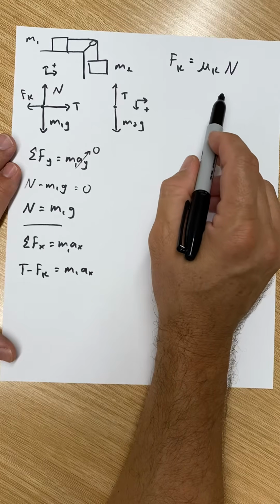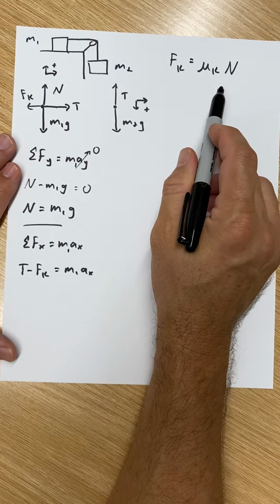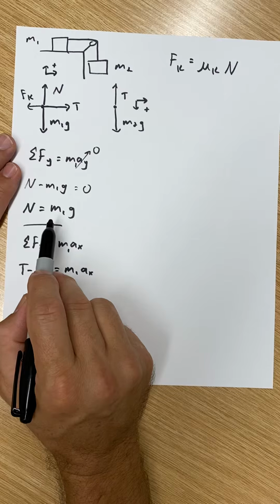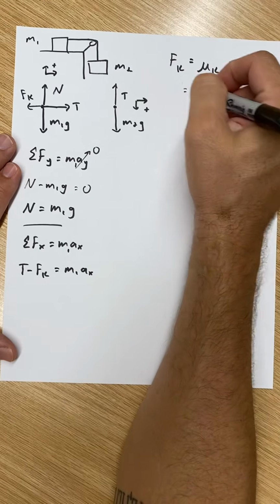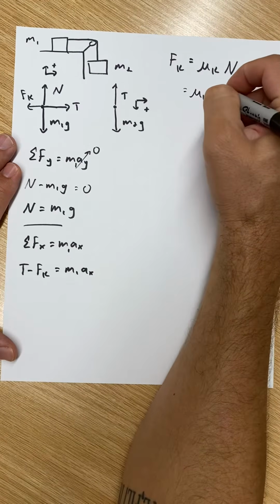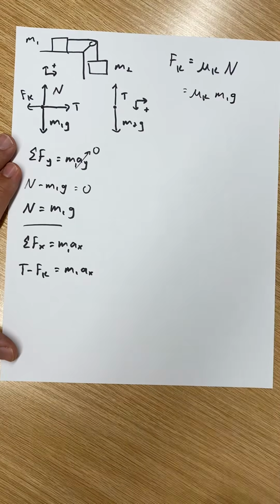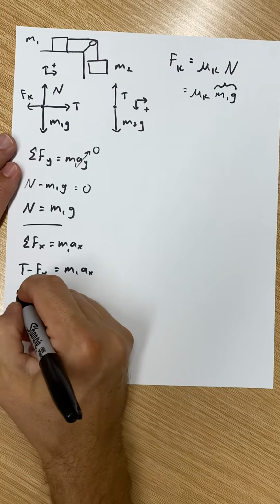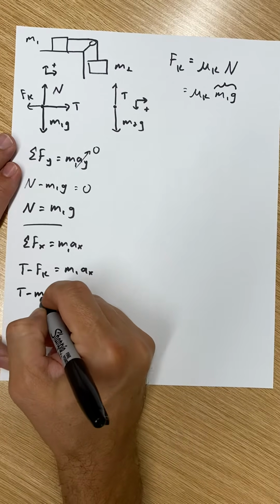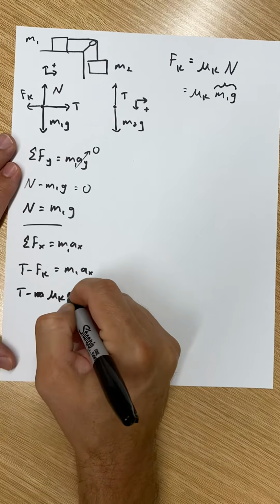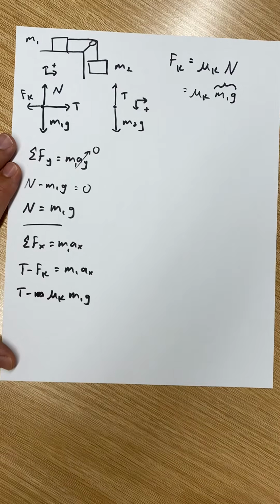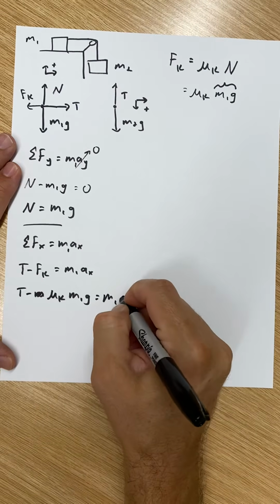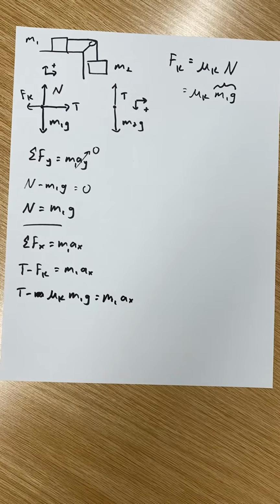Friction force is equal to mu k times the normal force, but I have determined the normal force already as m1g, so in this case I'm going to get mu k times m1g, right? This is the normal force. So that's what I'll write here. T minus mu k m1g is equal to m1 a sub x. All right. That takes care of, or at least for now, takes care of block 1.